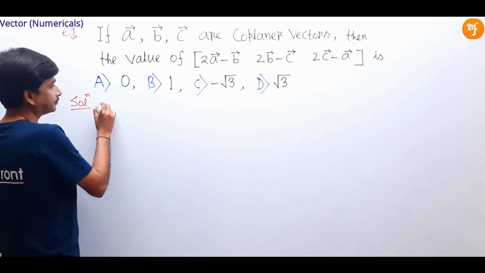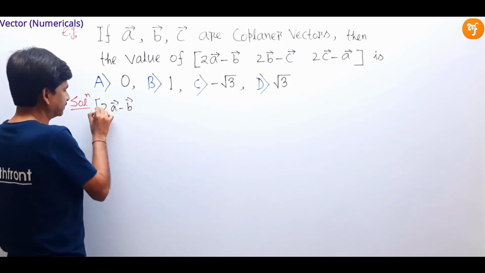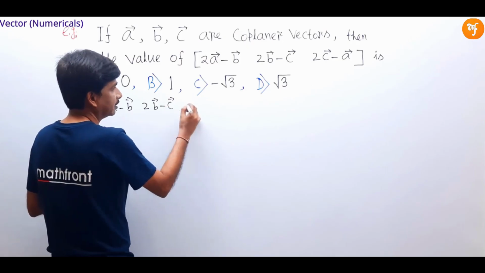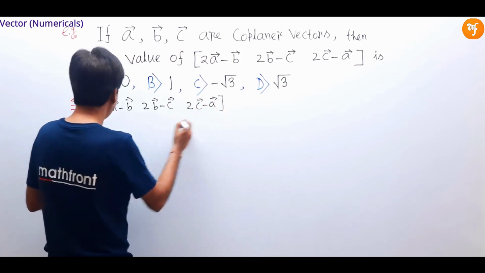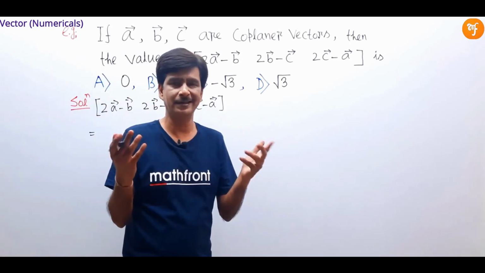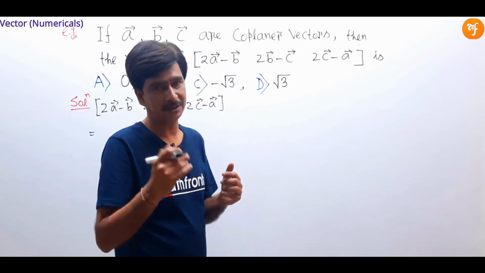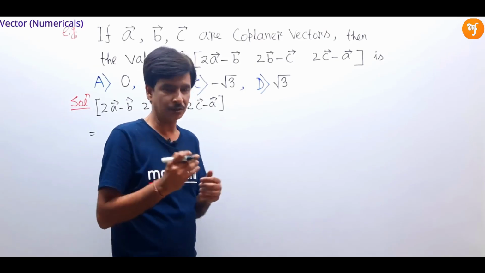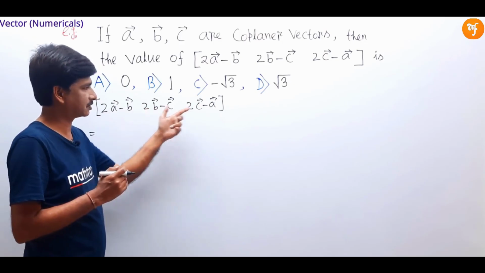So clearly, box of 2A minus B, 2B minus C and 2C minus A. If we want to simplify this, we know box of xyz is equal to x dot y cross z. Okay, so we can assume this is vector x, this is vector y, this is vector z.